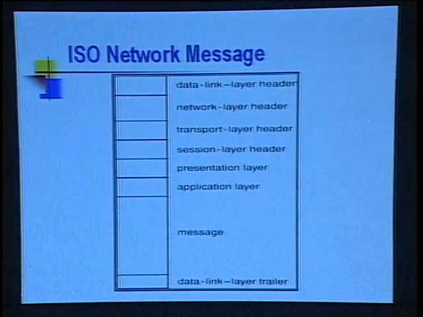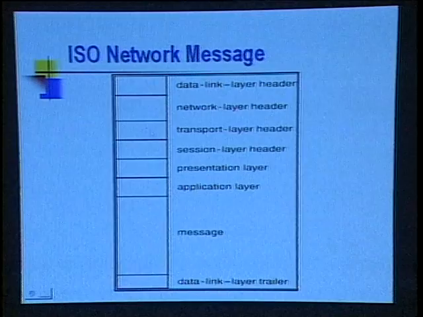Before we move to our next session, we would like to look at the format of a message and format of a packet in the inter machine or inter-site communication, or communication in the network. We see here in this diagram, this is an ISO network message.